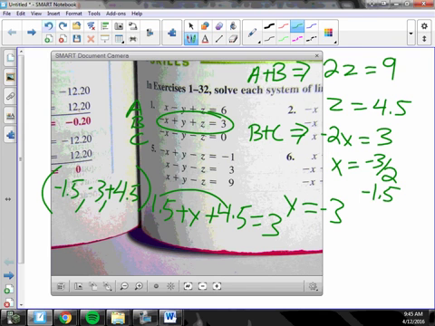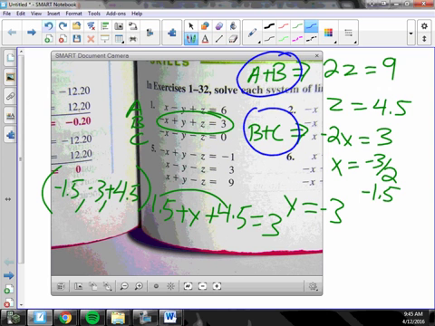Okay, now I want to show you something. The reason I've labeled the A's and the B's and the C's is you want to make sure you never duplicate the information. This one worked out really easy because when we canceled one variable, we canceled another, but that's not always going to happen.